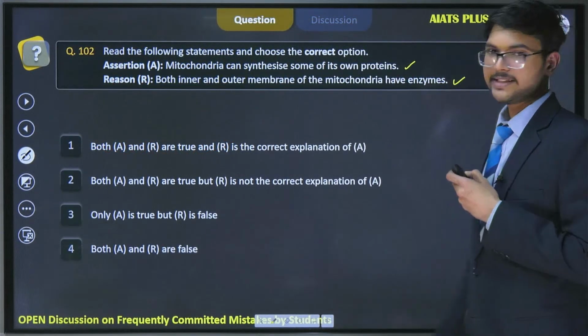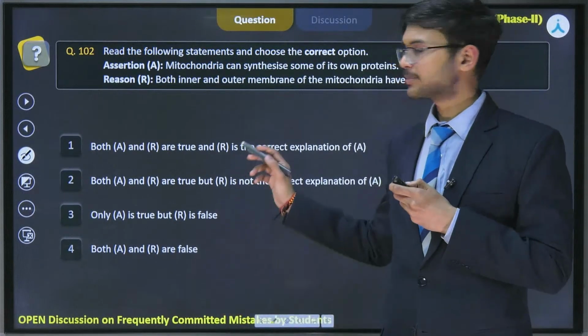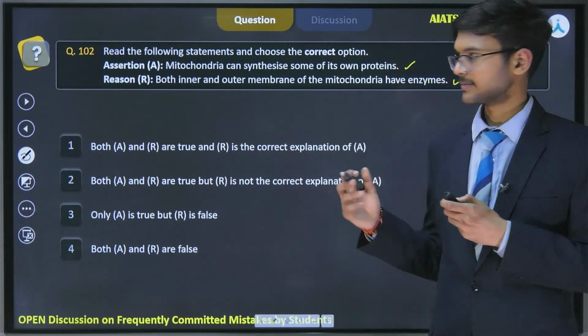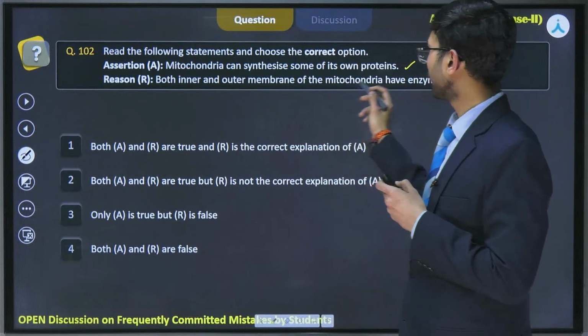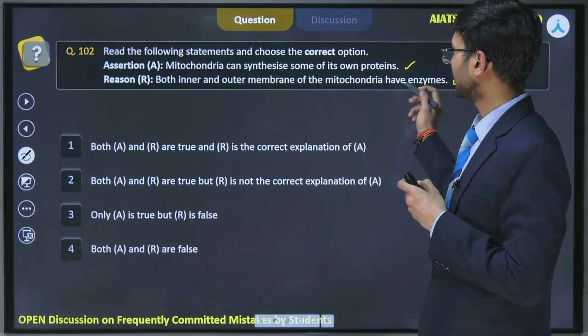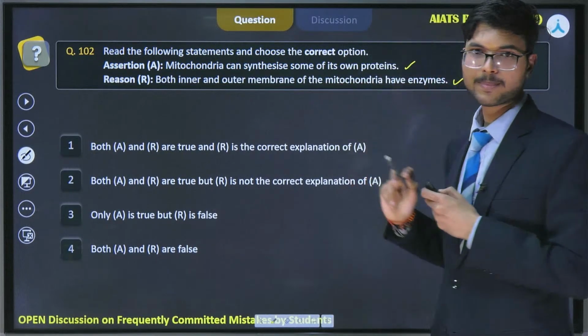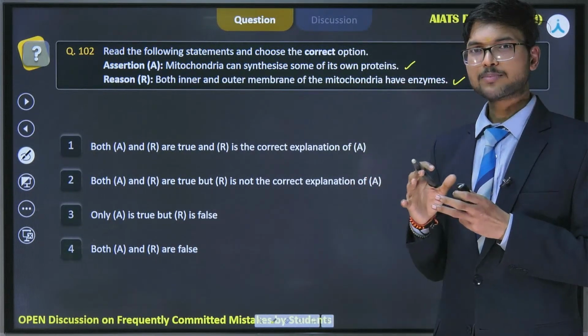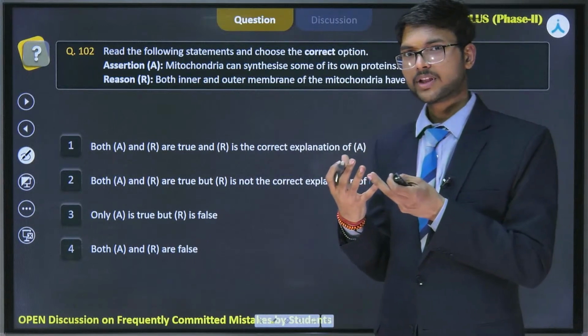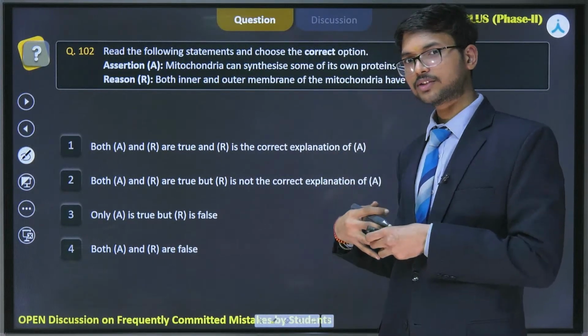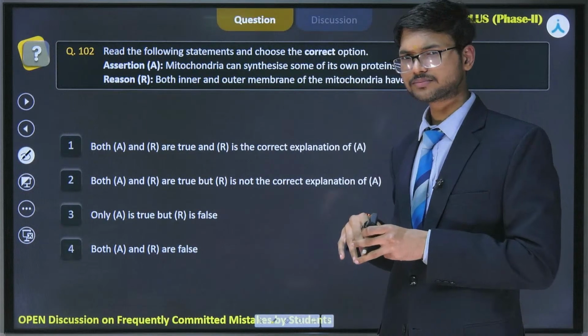But is the reason explaining the assertion? Let's see. Both inner and outer membranes of the mitochondria have enzymes. That's why mitochondria can synthesize some of its own protein. Thus the enzymes present on the outer membrane are also responsible for the production of proteins in the matrix?